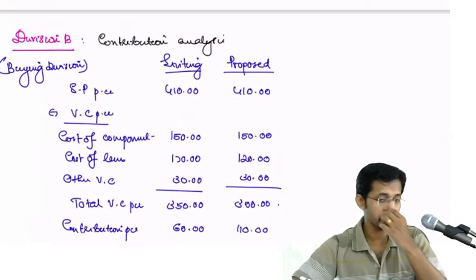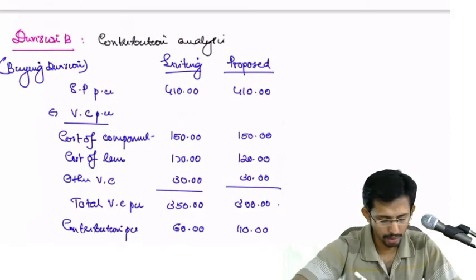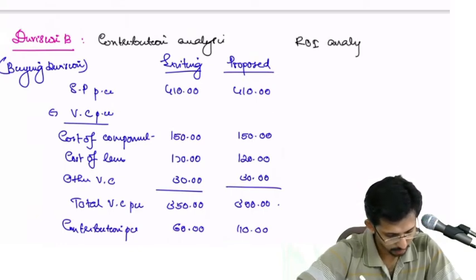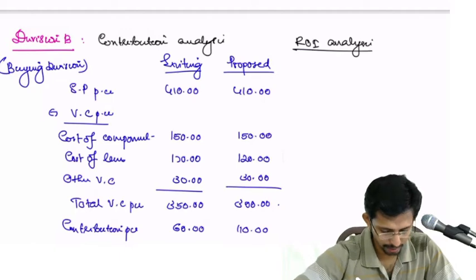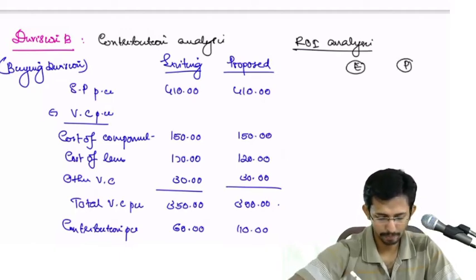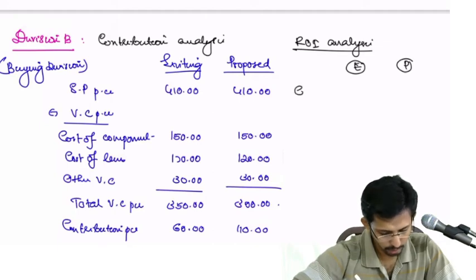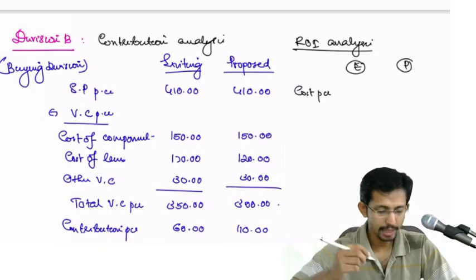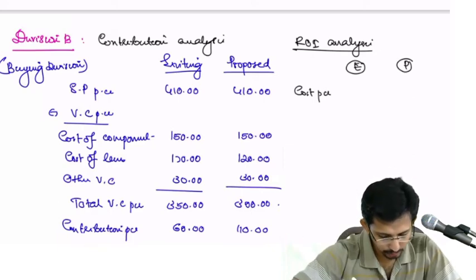Now this is the contribution analysis. Now you have to do the ROI analysis. How do you do the ROI analysis? Again, you have existing and proposed. Okay, so cost per unit. What would be the cost per unit in the existing situation? They say that it is 400 per unit.